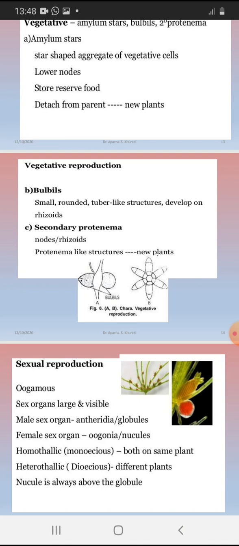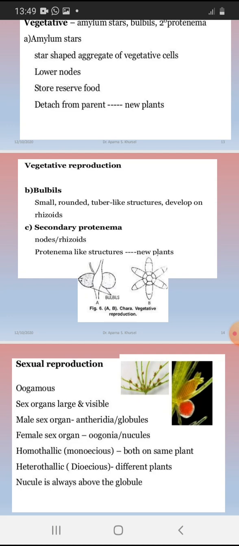Sometimes on the rhizoidal portion some tube-like structures develop. These are called secondary protonema, which under unfavorable conditions propagate and develop into a new plant of Chara. So, in this way, through amylum star, through bulbils and through secondary protonema, vegetative reproduction takes place in Chara.